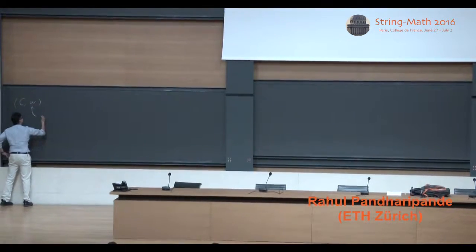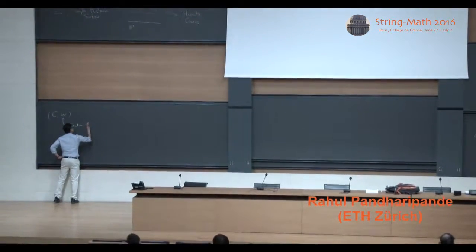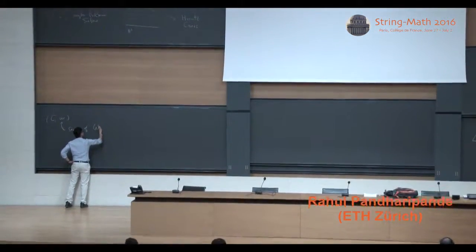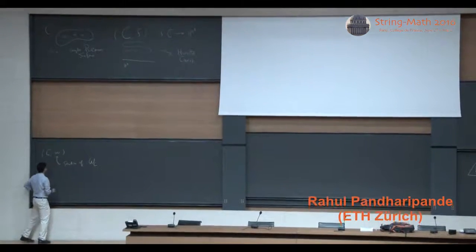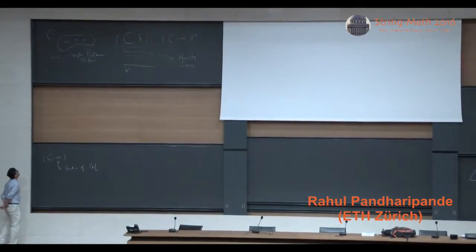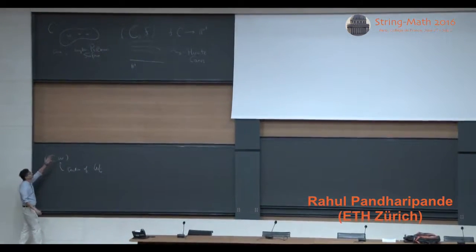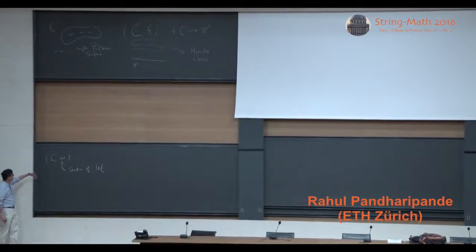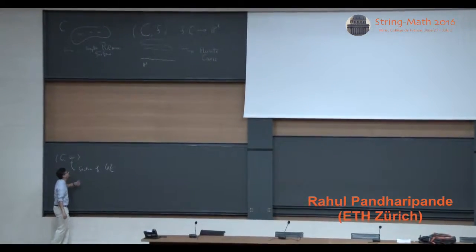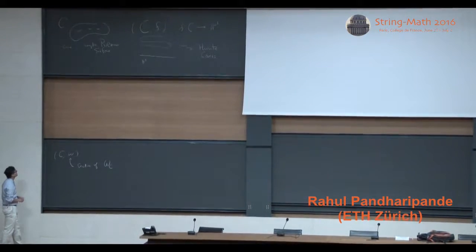So this is a section of the canonical bundle. So you can view this as a holomorphic differential form or maybe a meromorphic differential form. And by this I mean really a section, so it's a form, like that was a function. And if I take this data, it gives me a rather different way of looking at my Riemann surface.